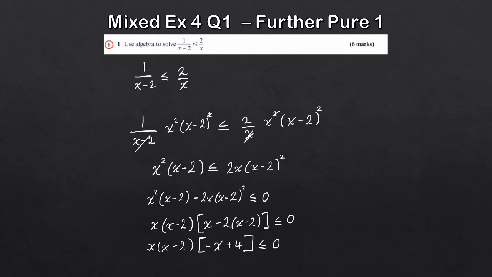One of my solutions has to be 0, so basically it cuts through the x-axis at x equals 0. Also cuts through at 2 here, because 2 minus 2, so x equals 2. And then my last one here is this minus x plus 4, so that is x equals 4.